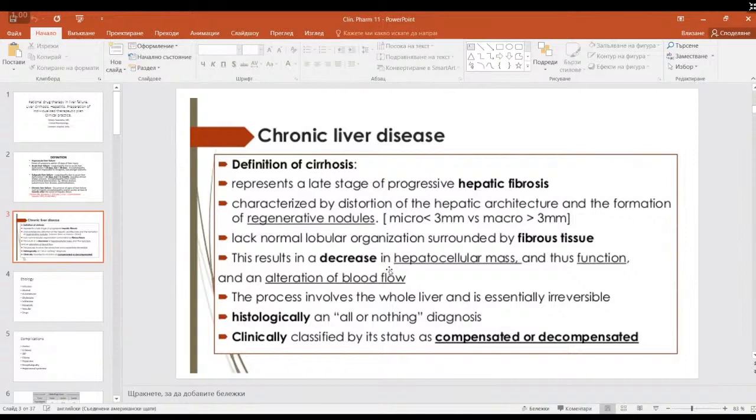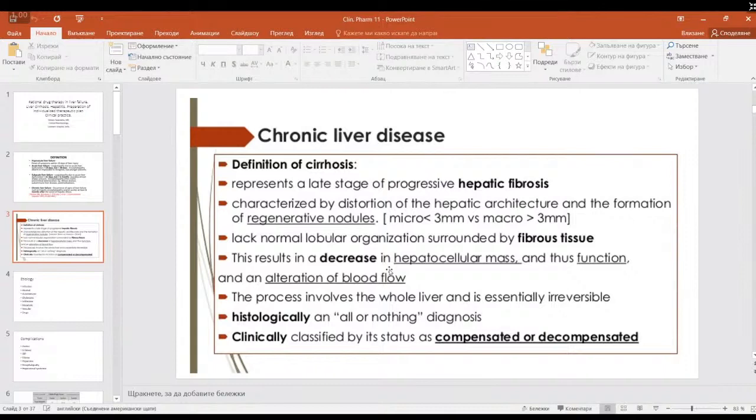This is actually called caput medusae. When this happens on the abdomen, we have a dilation of the veins, and this is due to the increase in the pressure of the portal system, or this condition is also called portal hypertension.